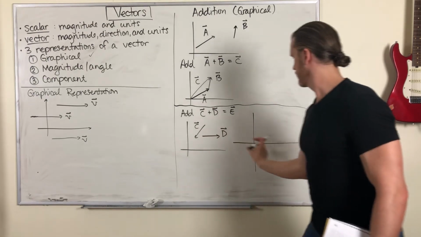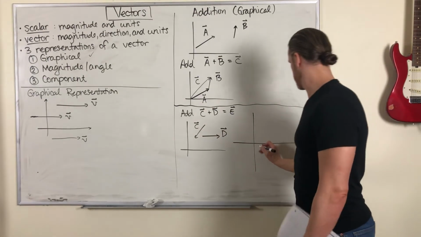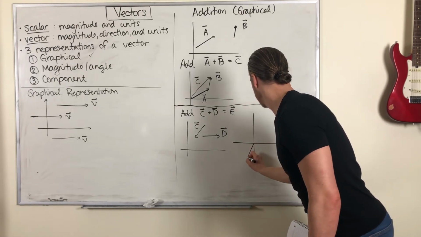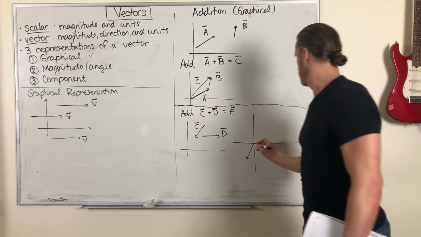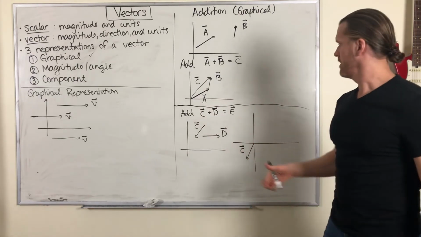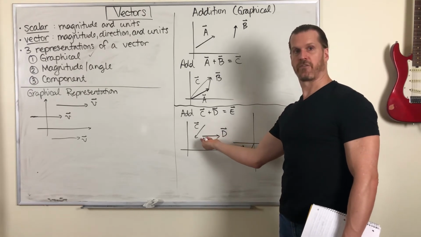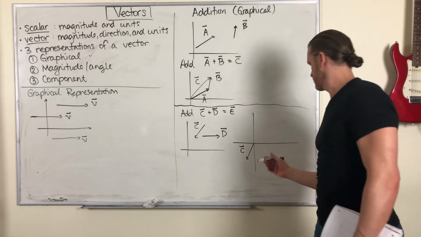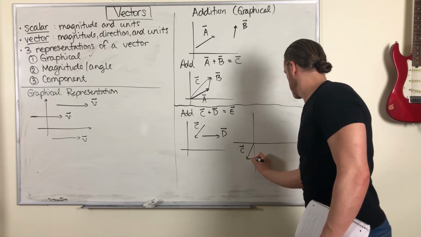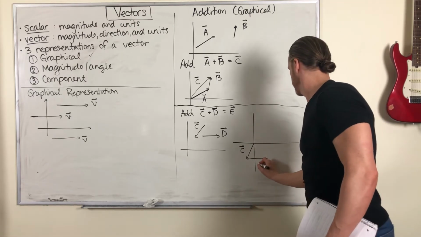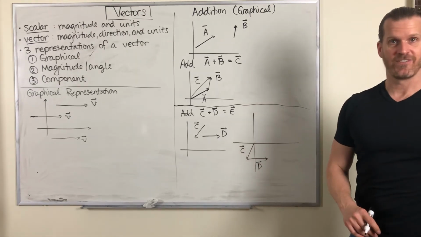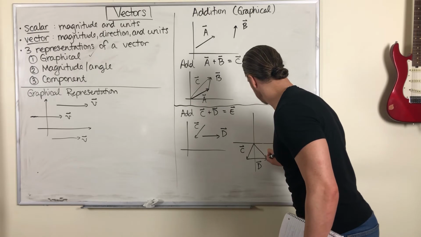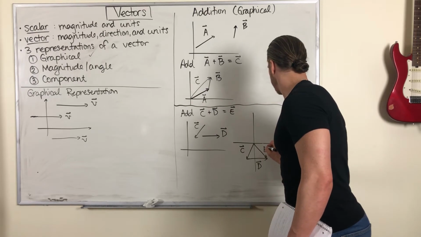We take vector C and we place it at the origin of a coordinate system, keeping its angle and magnitude the same. So there's vector C. And now we take vector D and place the start of D at the end of C. So D goes here. And we connect the beginning of C to the end of D. And there's our resultant, vector E.